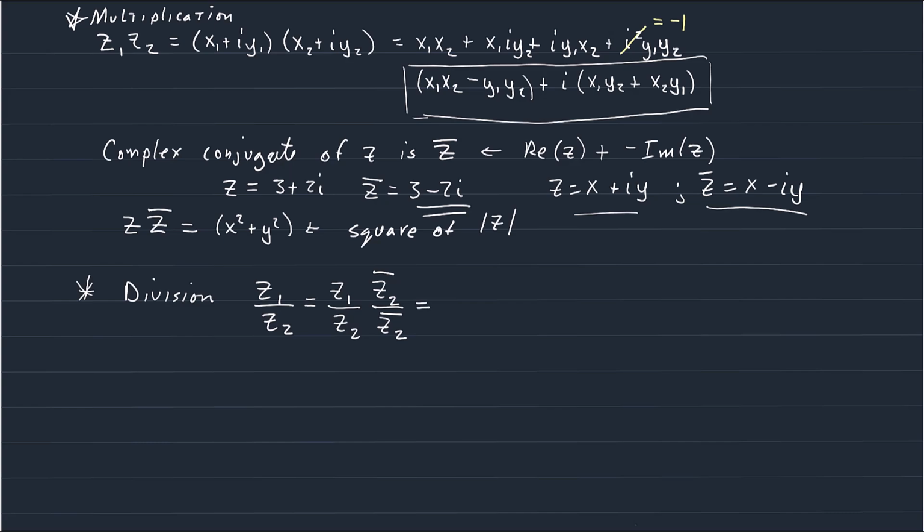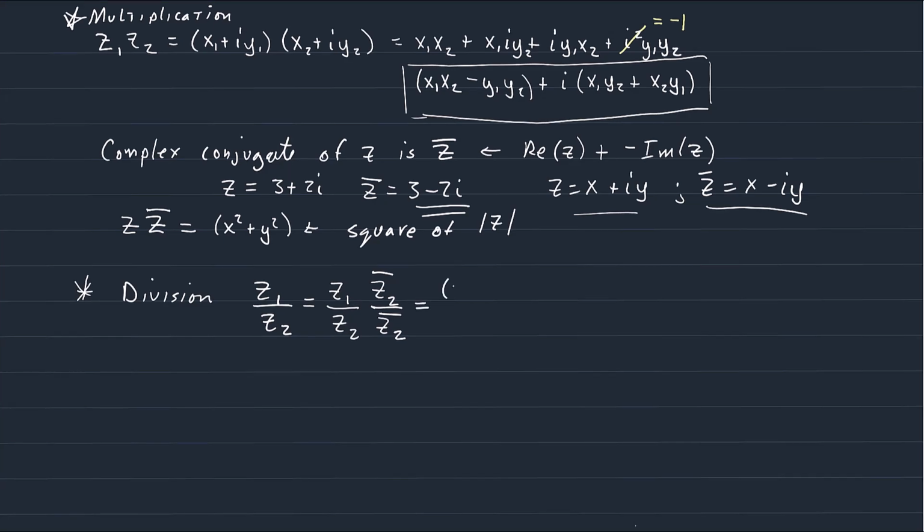And when we do this, we get x1 plus iy1, that's z1, times x2 plus iy2, that's z2, except we're multiplying by its complex conjugate, so we have to put a minus there. That's the numerator.